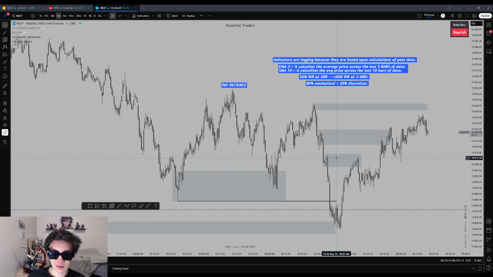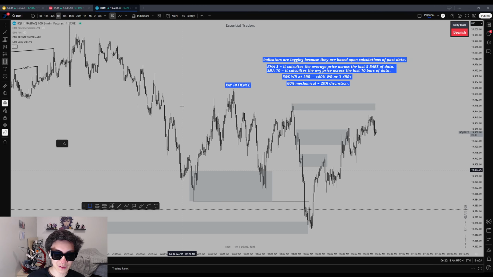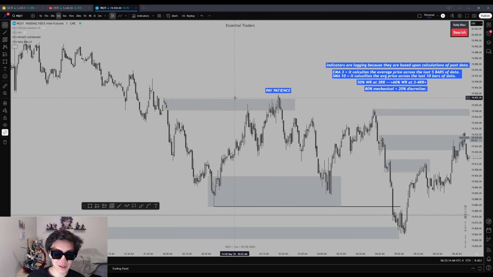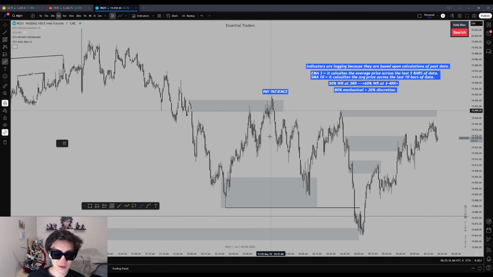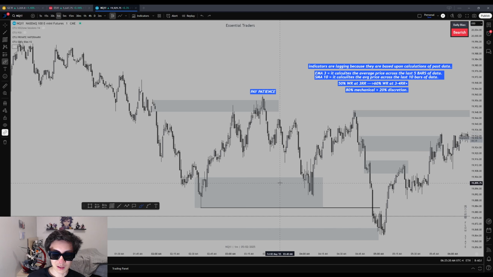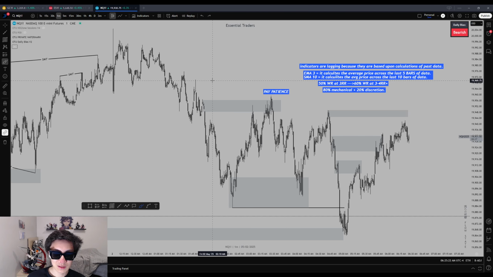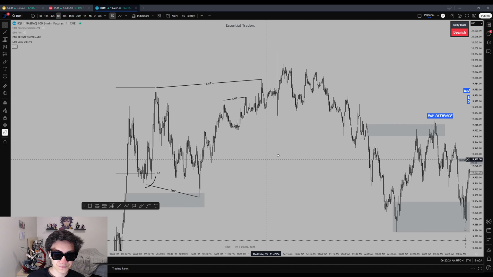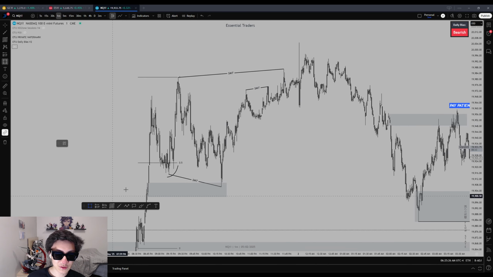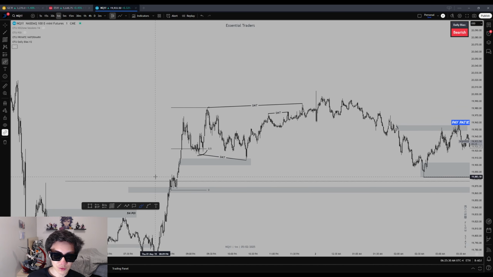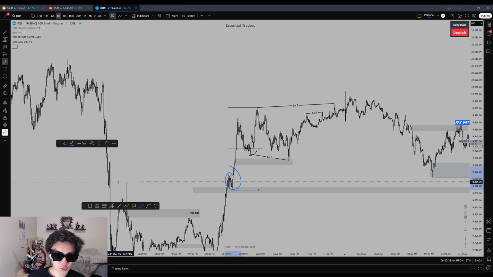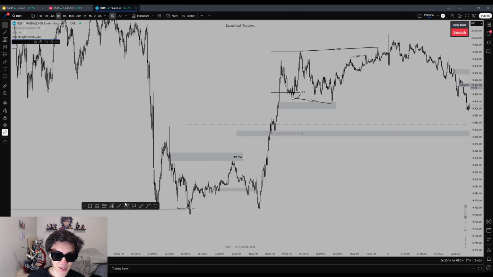For example, here's an example with my system. If you're going to take every single POI, let's say you lose here, you win here. If you take every single POI, you would have lost this short here. You would have lost this short here, taking out this high.